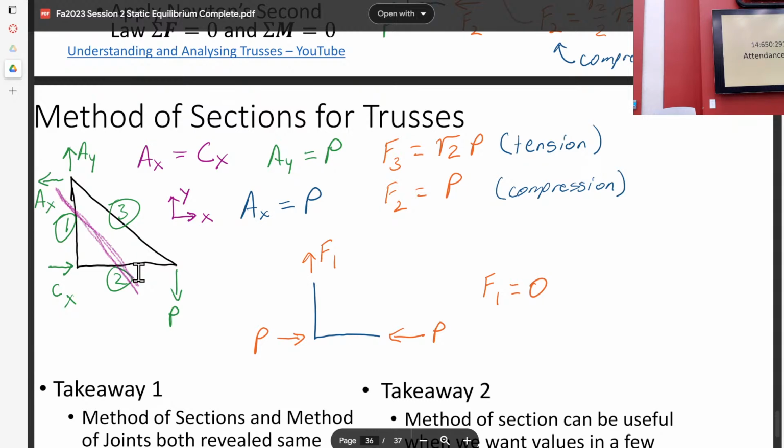Now, this is an issue because this is in centimeters, right? How did you know?